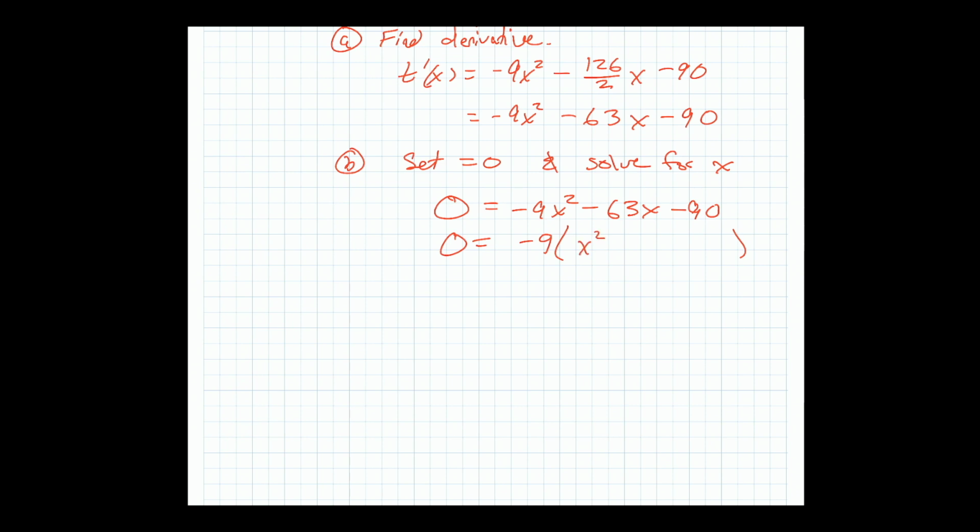You get x squared plus 6. Wait, that's 7, isn't it? 7 times 9 is 63. Is it? Yeah. 7x. And then plus 10, right? Okay. You can go ahead and divide both sides by 9 now, just to drop off that 9.